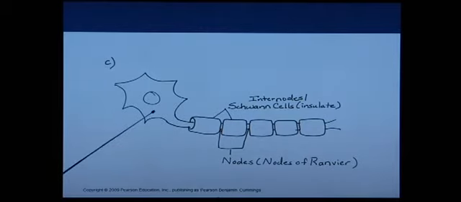We've got the cell body, we've got the axon. Each of these is representative of a Schwann cell that insulates, also known as internodes. And then we've got between the internodes, the nodes, which are called, again, the nodes of Ranvier.